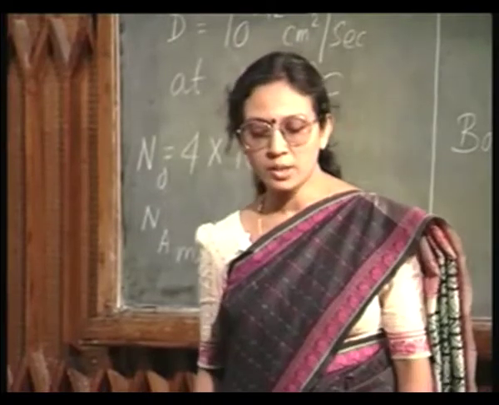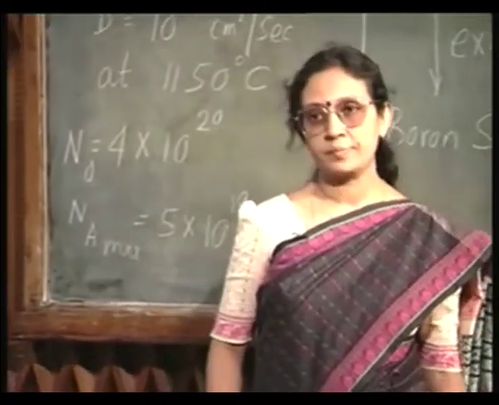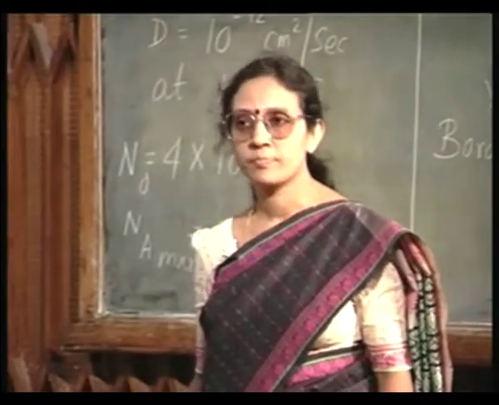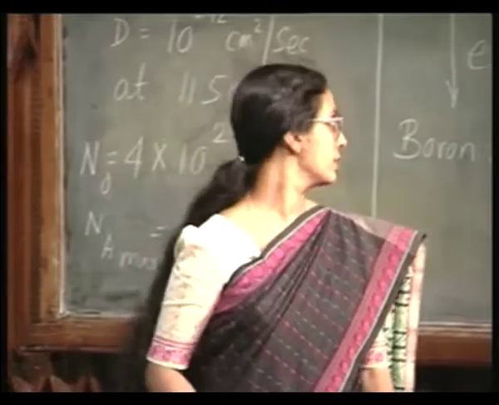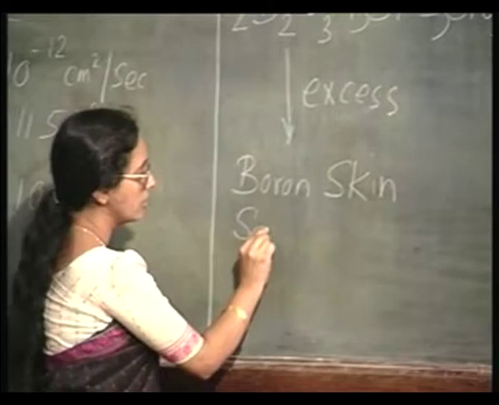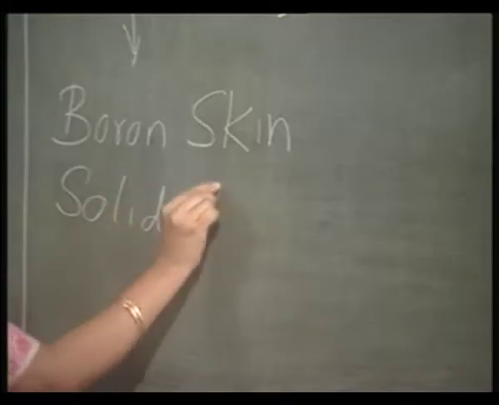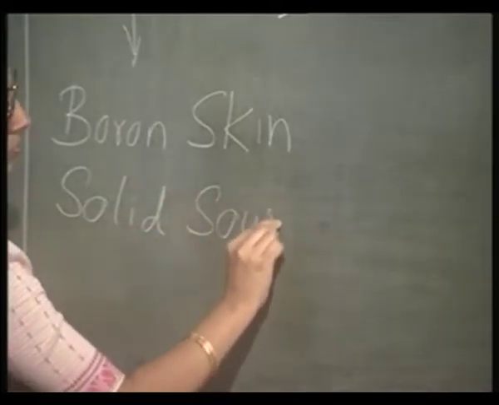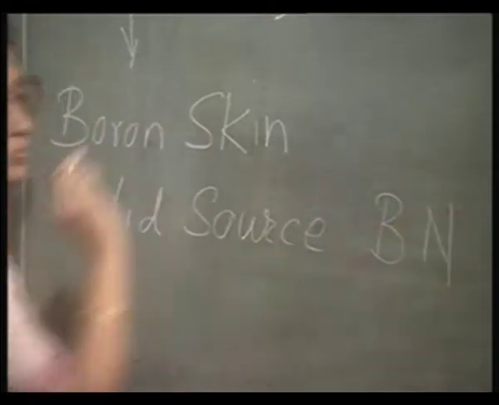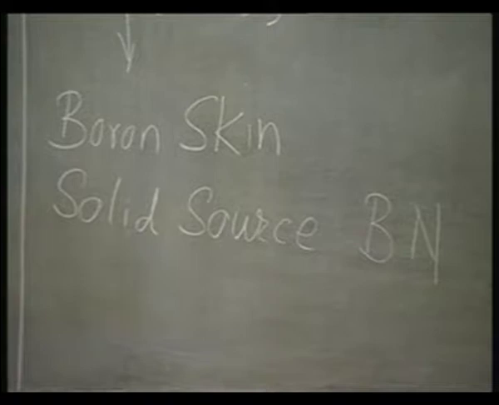Okay. So, what is preferred for boron is the use of a solid source called boron nitride. So, actually what is done is one uses a wafer of boron nitride.